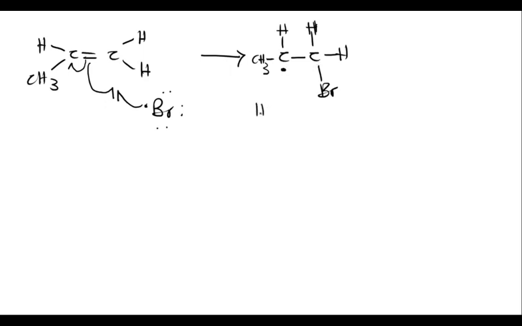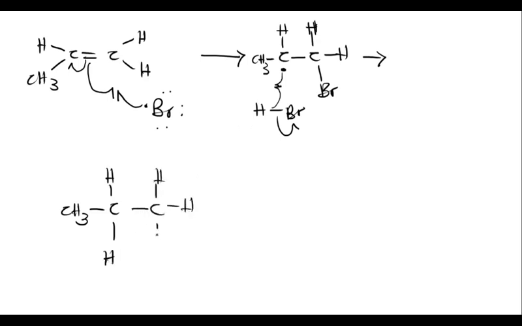So from here, another HBr in solution will now react with this radical. One electron from here will react with this electron, breaking the other electron onto the bromine, and then we get our product, in the form CH3 CH2 CH2 Br, plus another bromine radical in solution.